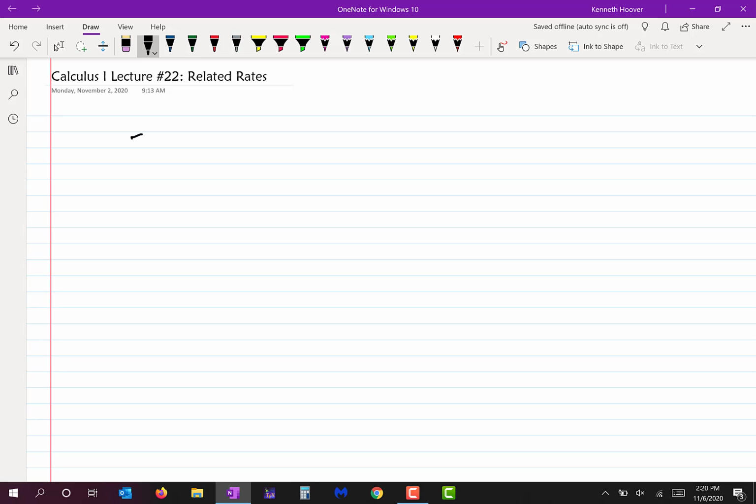This is example 1 out of the book. It says, the radius of a circle is growing at a rate of 5 inches per hour. At what rate is the circumference growing? It's not a very long question. I'm going to write it out.